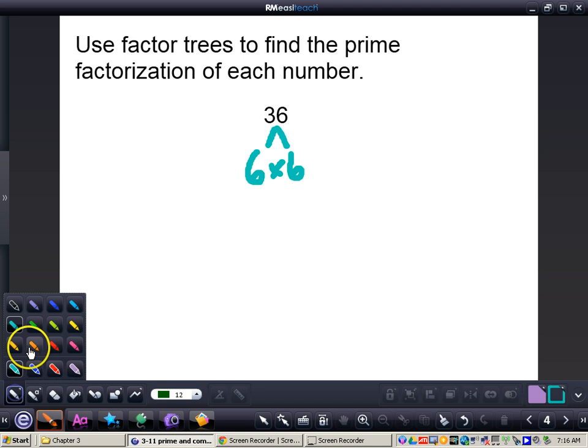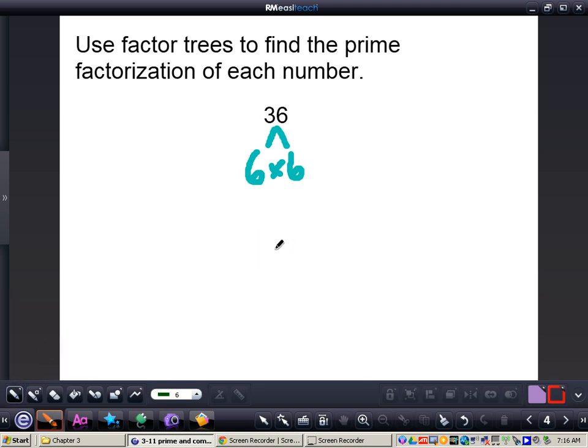Okay, now I understand that 6 and 6 are not prime, so we need to break these numbers down even further. So 6 and 6, I know that 2 times 3 gives me 6. I'm going to drop down this multiplication sign, and then again 2 times 3 gives me 6. Now once again, I've come to a spot where all of my numbers here would be considered prime.